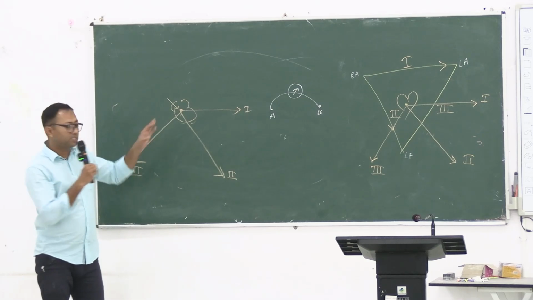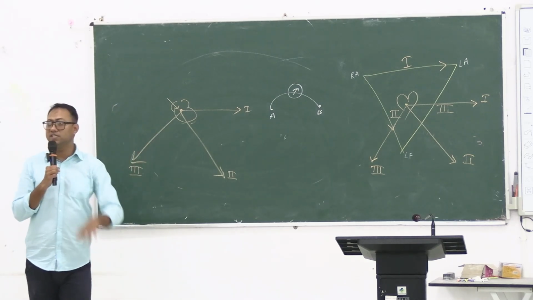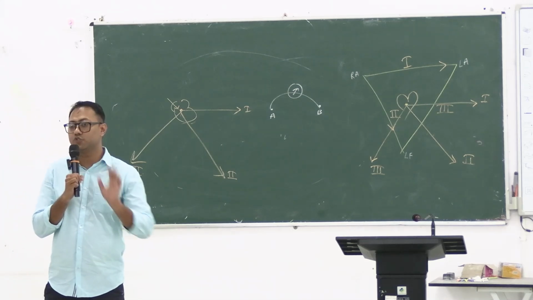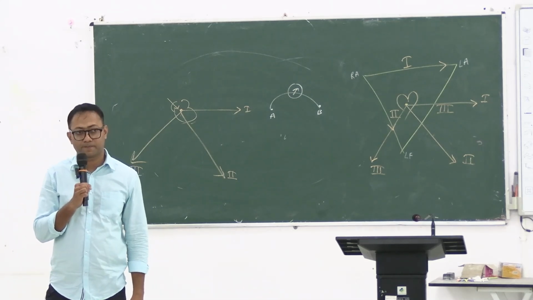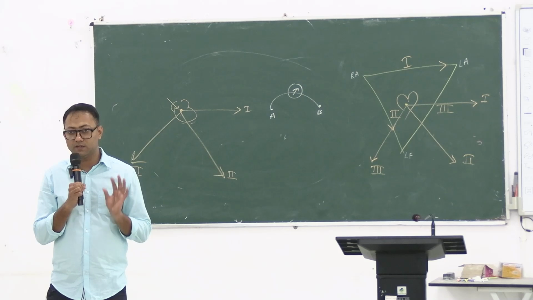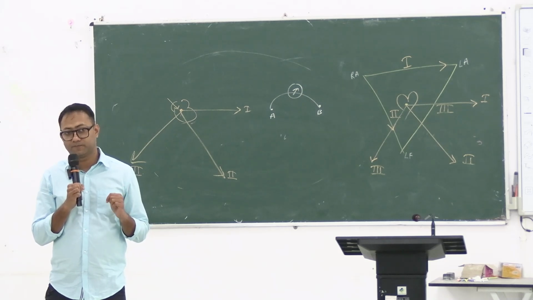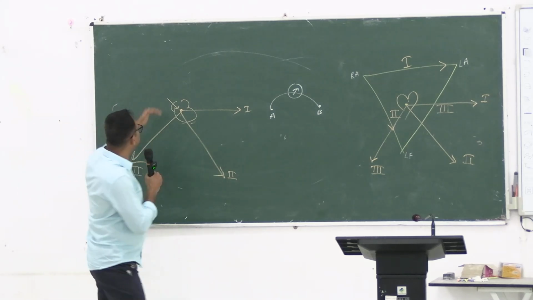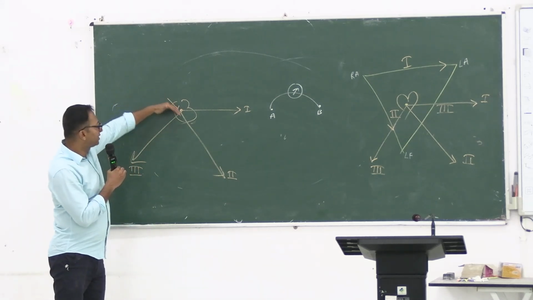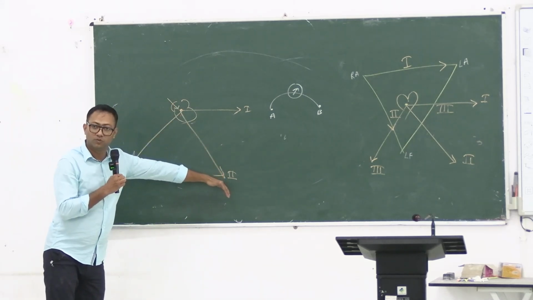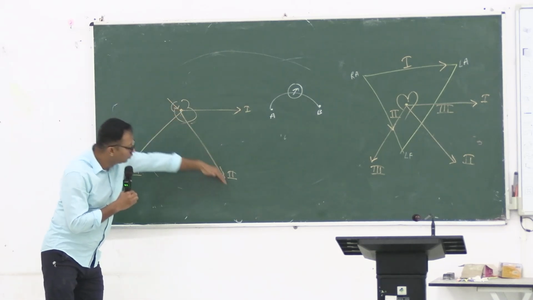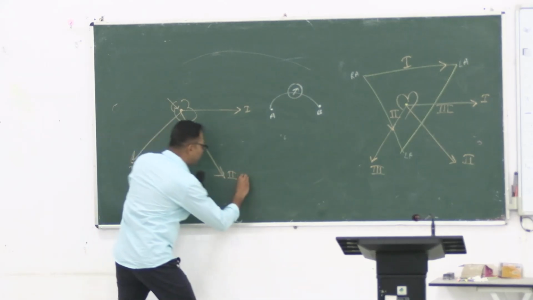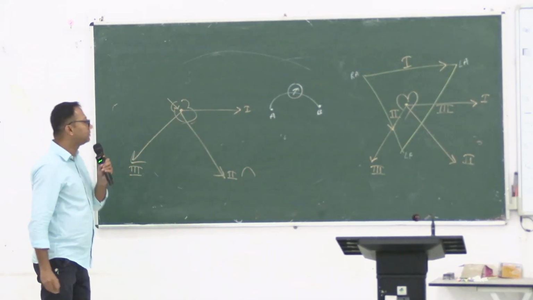Now say from this picture, which ECG lead will give rise to maximum magnitude of P wave out of lead 1, 2 or 3? Yes, lead 2, because you see clearly this vector is coming towards lead 2, right? This vector is coming towards lead 2. So P wave, it will be taller here, right?